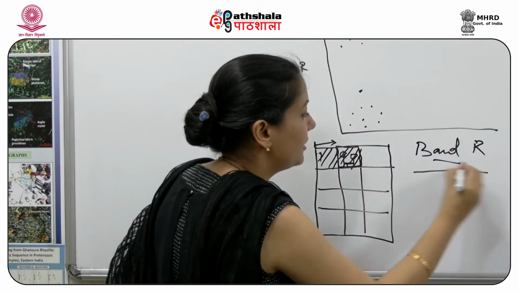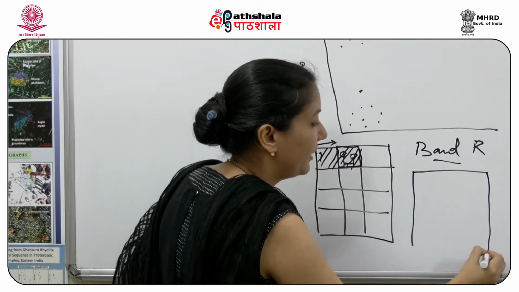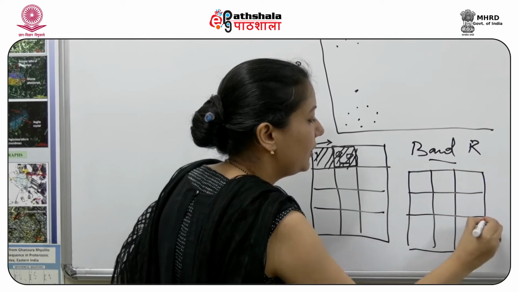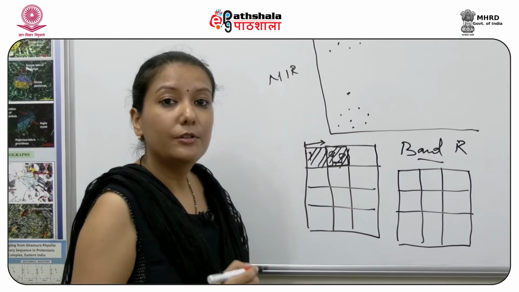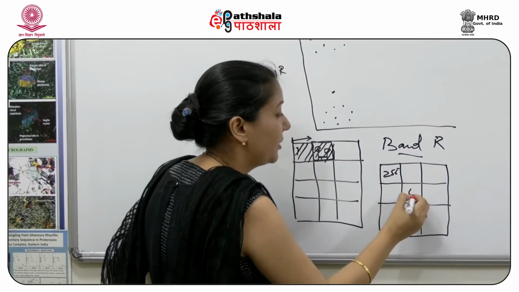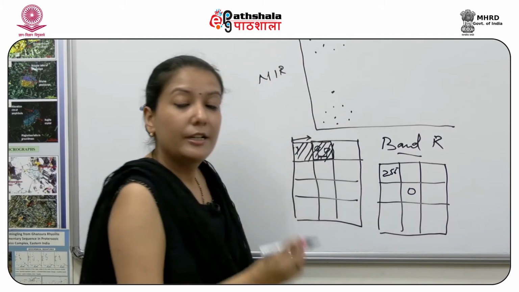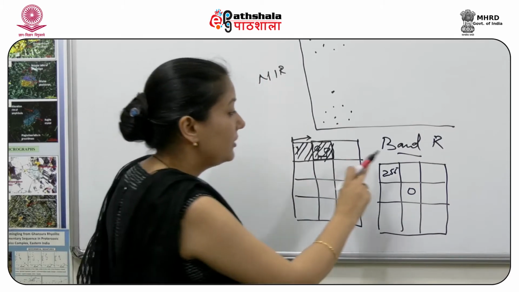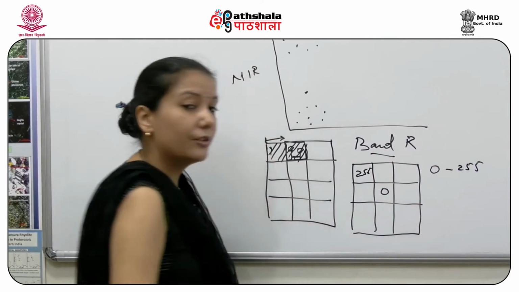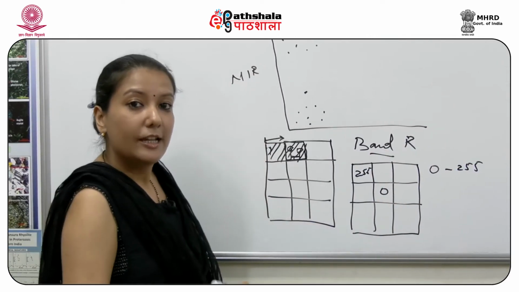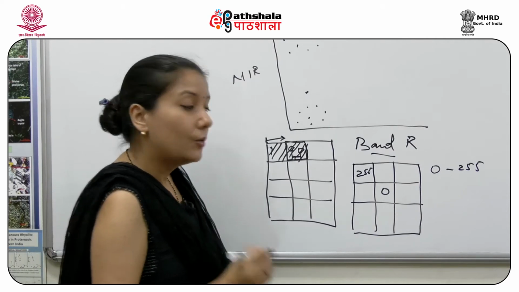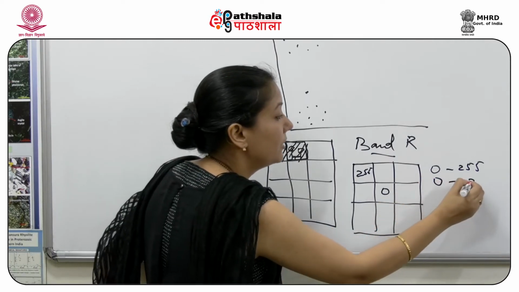If you look at the original band, suppose an NIR band, this is again your raster cells here, and you will notice some numbers in the original cells. So this might be 255, this may be 0, any number. If it's an 8-bit image, these numbers will vary from 0 to 255 because it's a binary digit. If it's a 2-bit image, the numbers will vary only from 0 to 3.